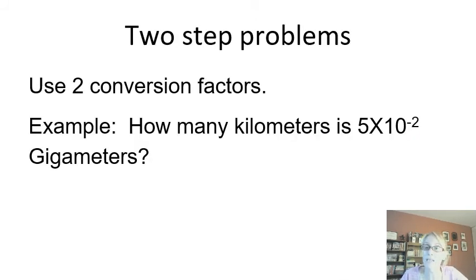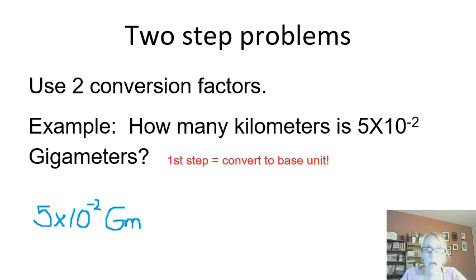All right, and just like we did before, we can use 2-step problems. So here we're going from kilometers to gigameters. So we're not going to the base unit, so there's no direct conversion using our chart anyway. So what we want to do is start with gigameters. The first step is always to convert the prefix to the base unit.